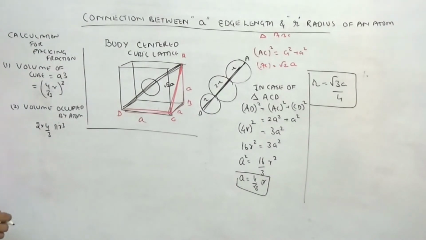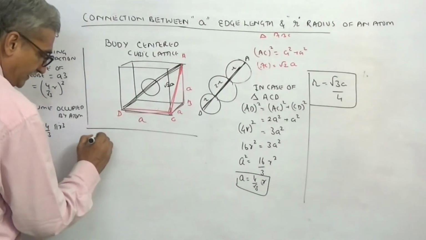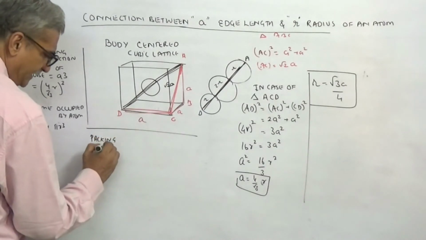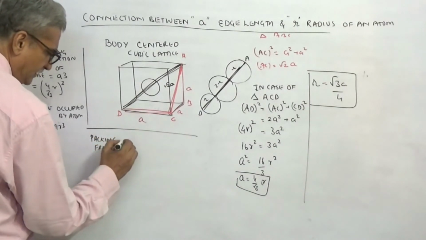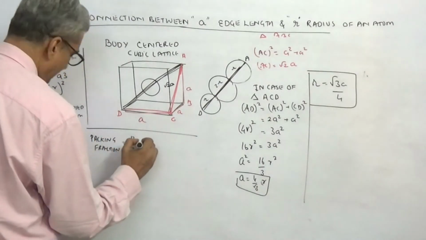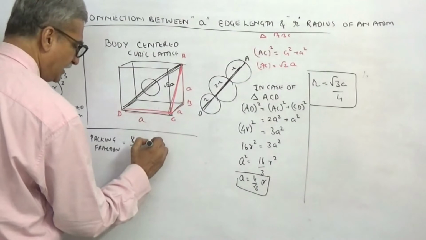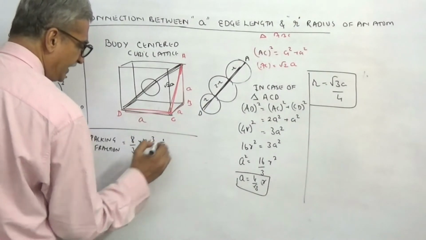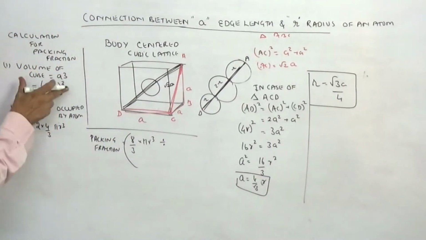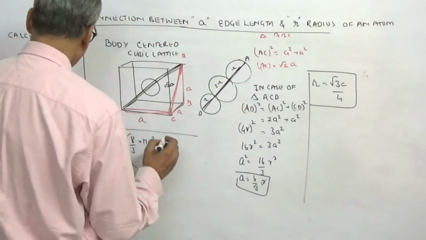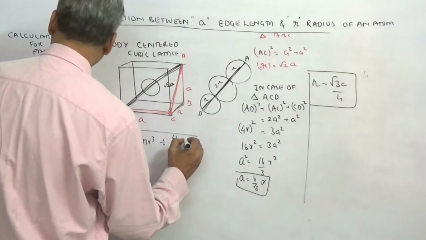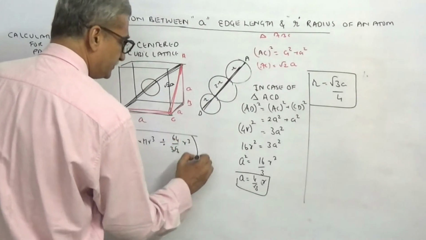Now what do we get? Packing fraction will be volume occupied by 8 by 3 into pi r cube divided by total volume. That is 4 4s are 16. This is 64 upon 3 root 3 into r cube.